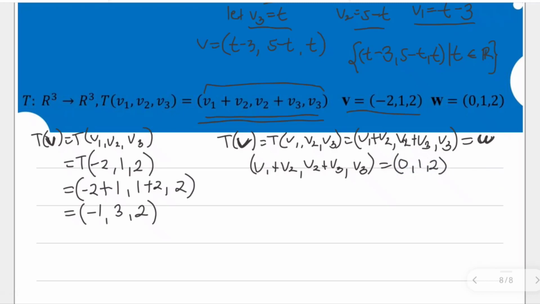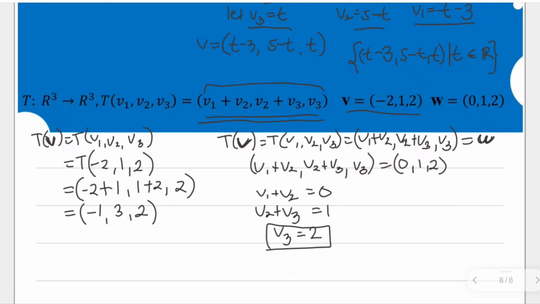So equating the two vectors, you have V sub 1 plus V sub 2 equal to 0, V sub 2 plus V sub 3 equal to 1, and your V sub 3 is already given as 2. You already have 2, so it's exact.